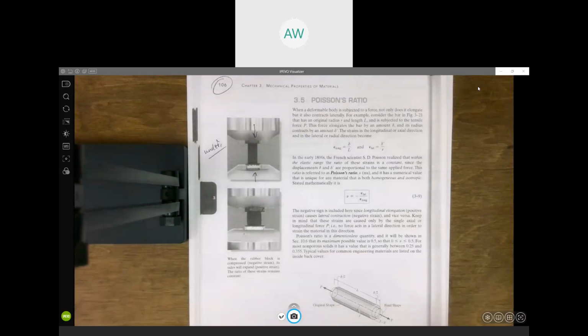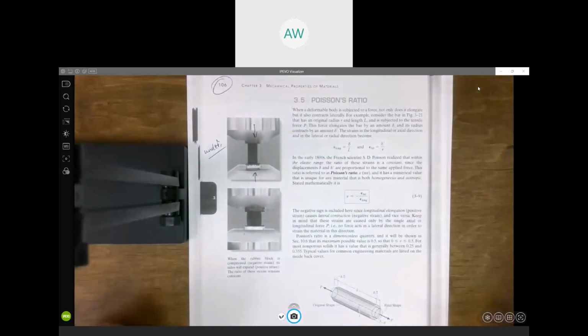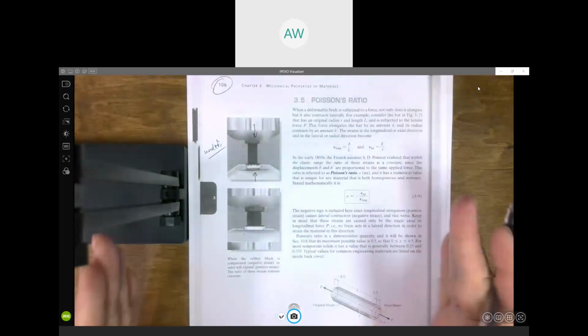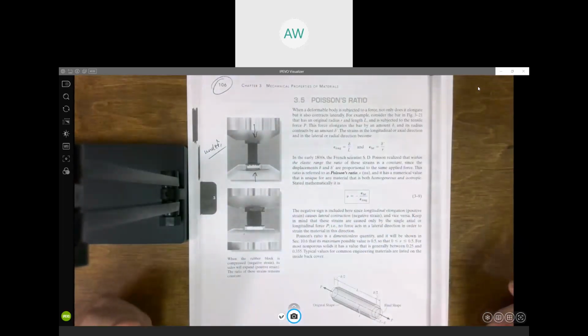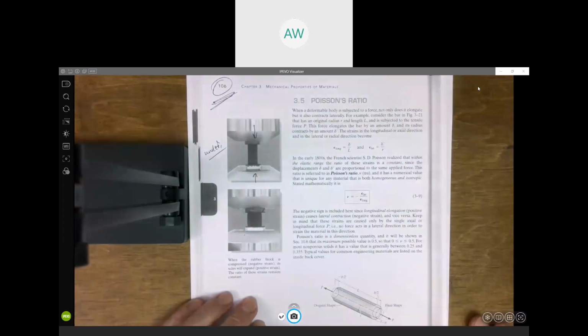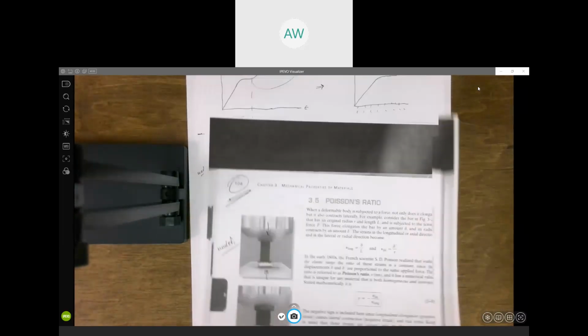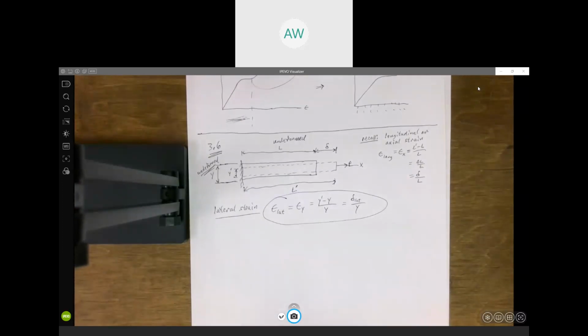I'm not going to say 100% of the time, but 99 point something % of the time, this is what's going to happen. It gets shorter, it gets wider. You stretch it, it gets longer, it gets skinnier. Anyway, you can go to that page in your book if you want to see that picture in a little more detail and read about it.